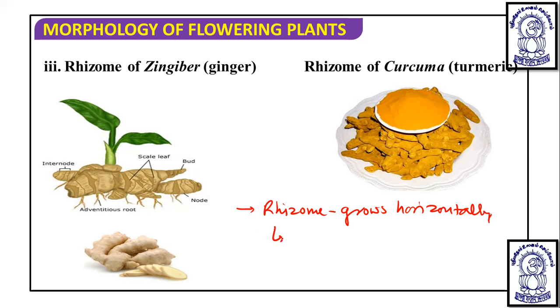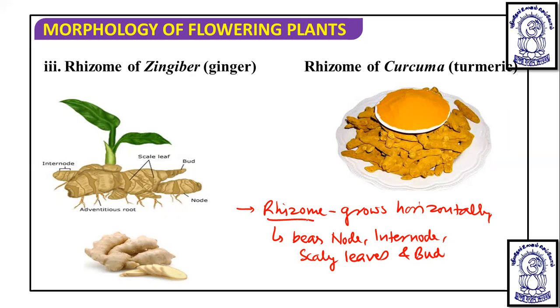And one more thing, it bears nodes, internodes, scaly leaves, and buds. That is the rhizome. And examples of rhizome are ginger and Curcuma, which is turmeric.